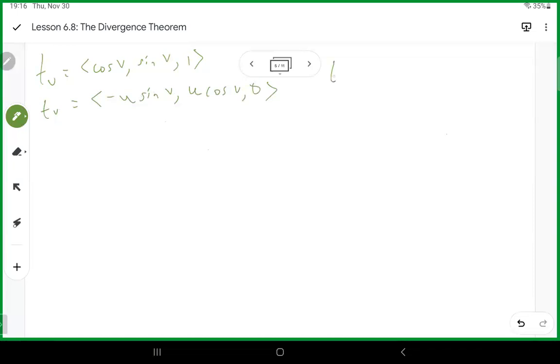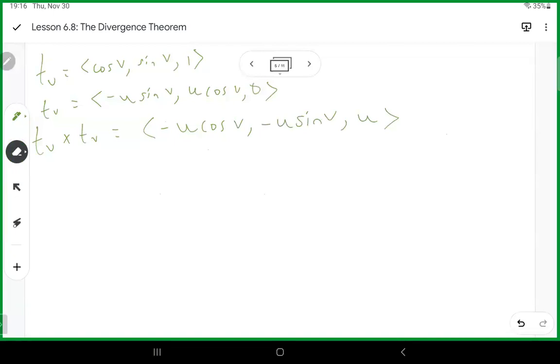So then if we do T_u cross T_v, we get negative u cosine v, negative u sine v, u.